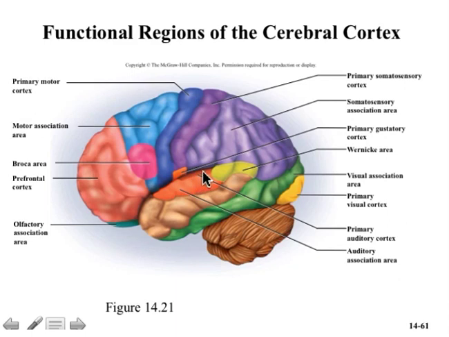So here comes the sound, and then the association area figures out what to do with the sound. What does this sound mean? Are these words? Are these noises? And then that information may end up getting sent to Wernicke's area back here or Broca's area.